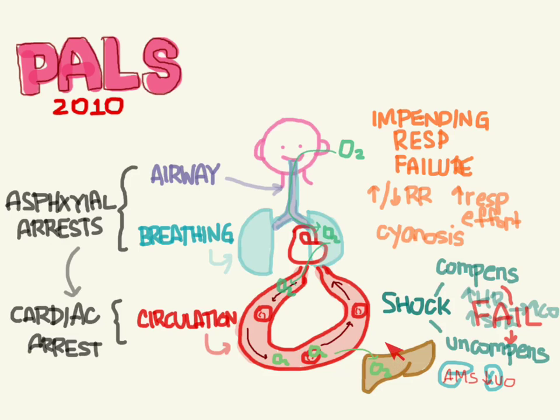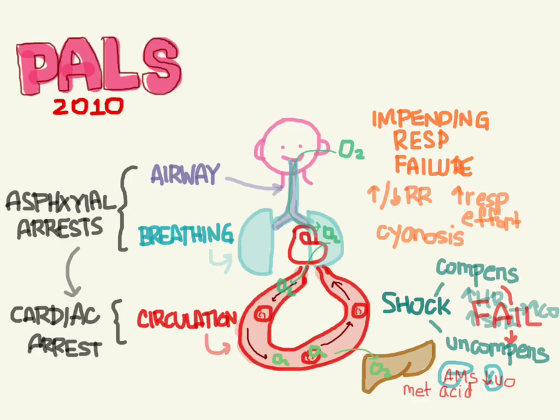You're going to be building up lactate, and you'll see a metabolic acidosis. Central pulses will be weak, and the patient might become tachypneic. That's their respiratory rate will go up. Their heart rate may go up or down as well. And one of the last things to go is the blood pressure.